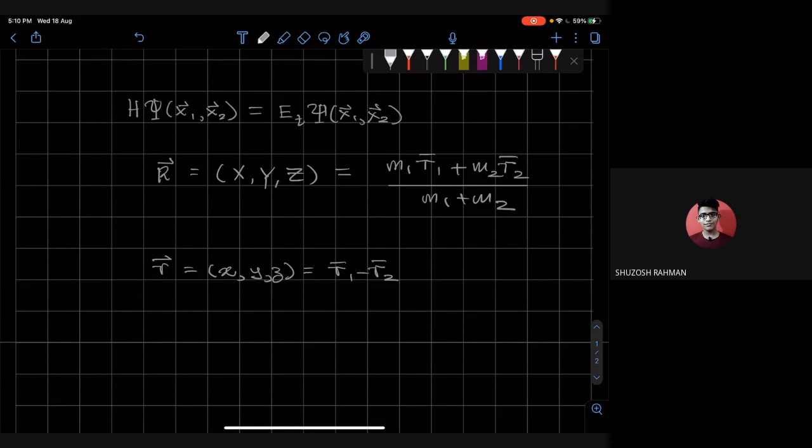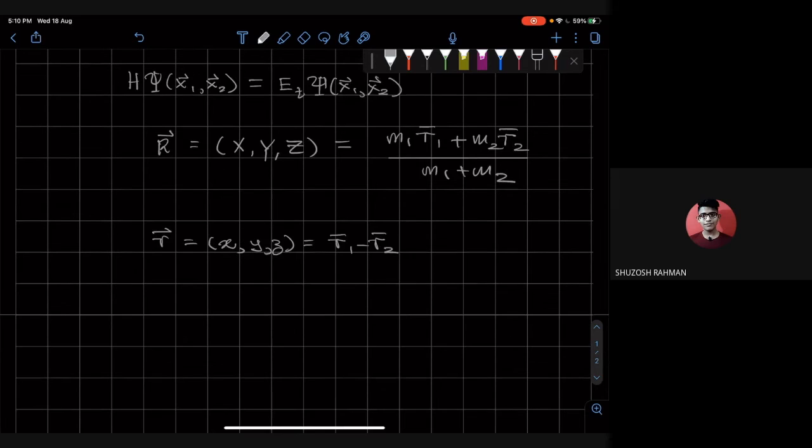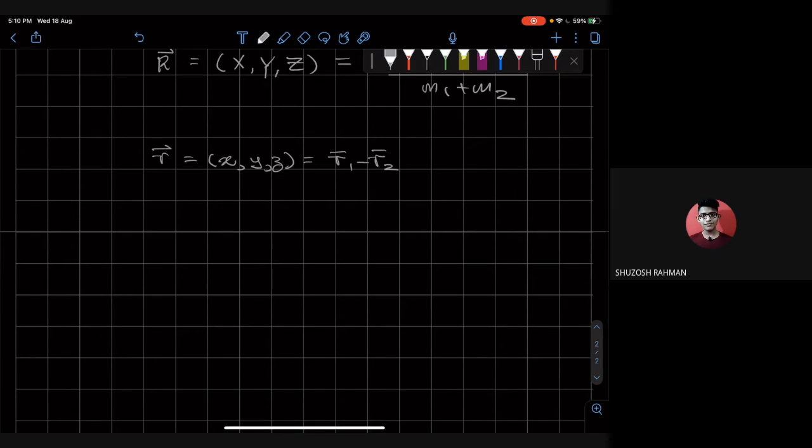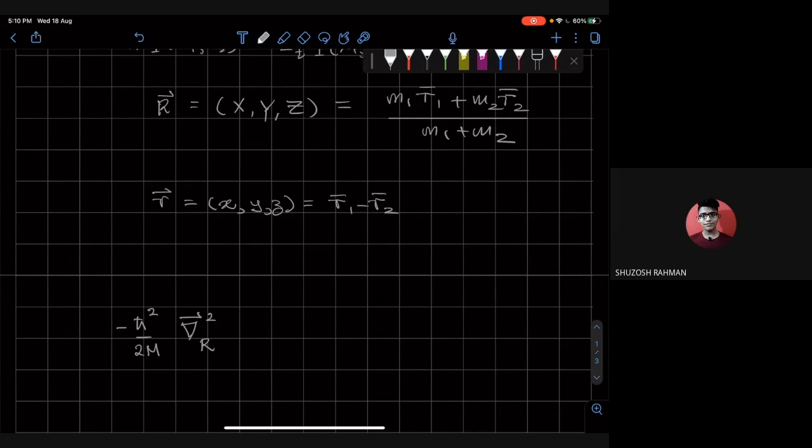So then what we did is that we expressed the Schrodinger equation in terms of these variables. And if I do that, I'm going to skip some steps. We get h squared by 2 big M. We get two kinetic terms. And here, let me call this a big M. And then this is going to be the Laplacian operator with respect to this coordinate.